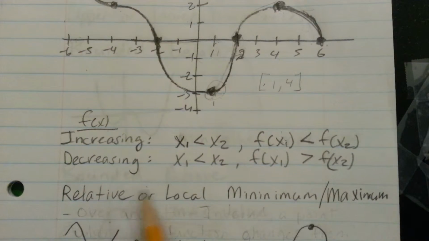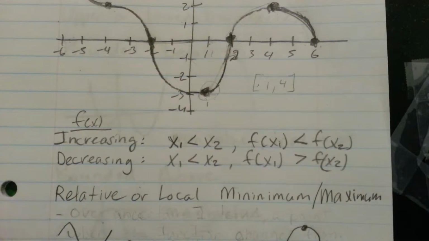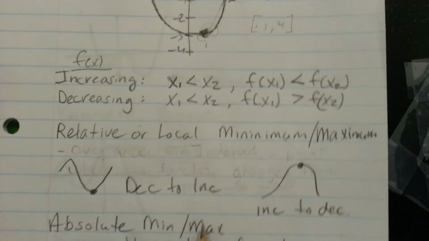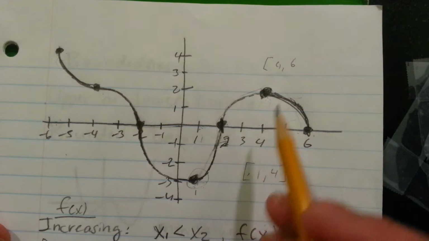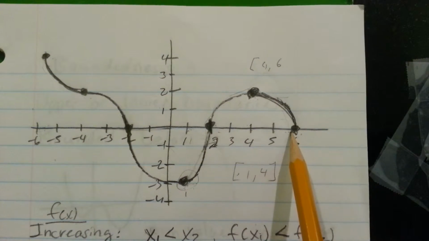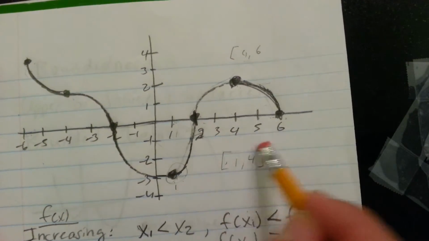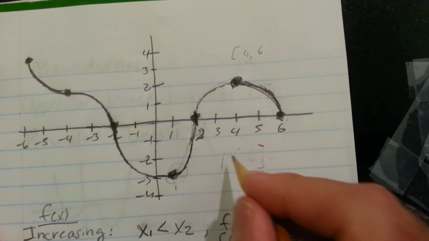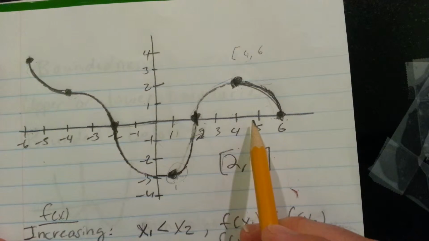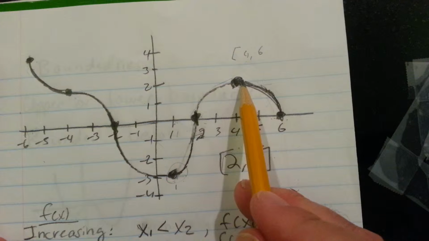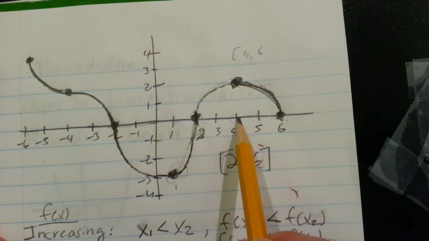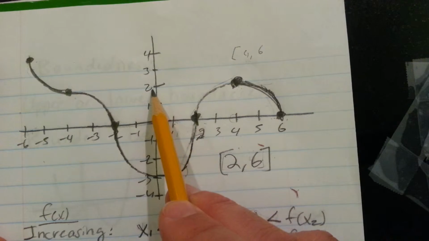Let's talk about relative or local minimums or maximums. Relative or local is when we focus in on a given interval. Let's just say from 2 to 6, on this interval, I have a relative maximum or a local maximum at x equals 4, and the coordinate would be 4, 2.